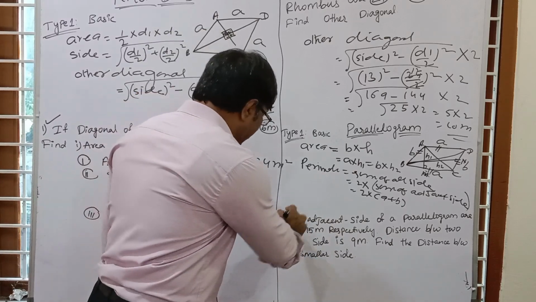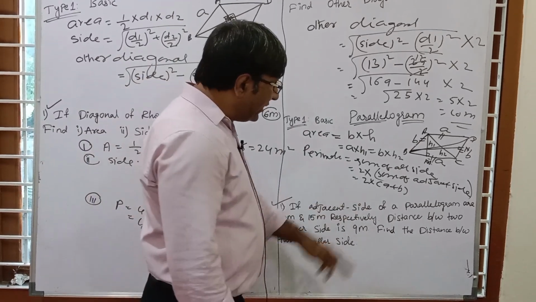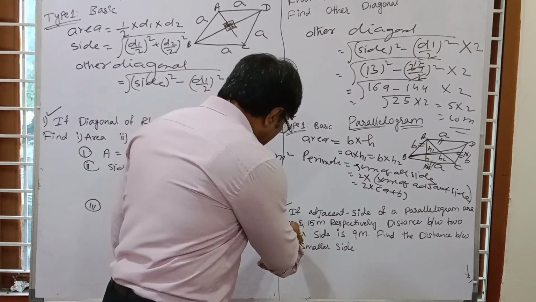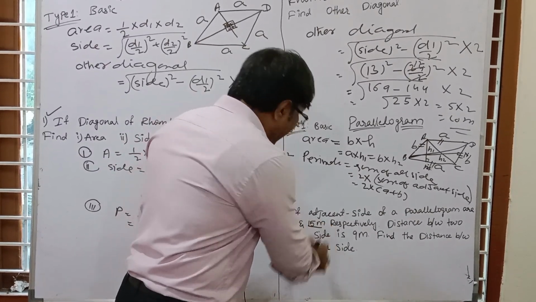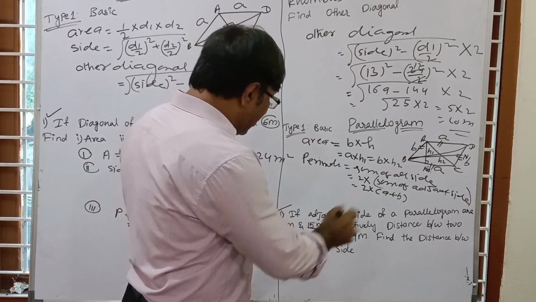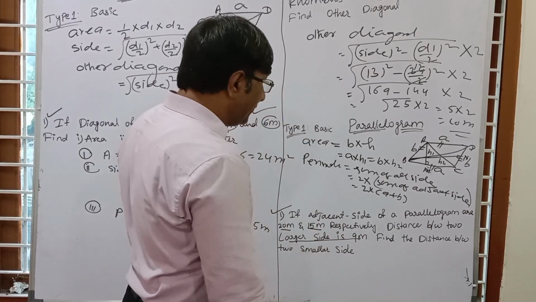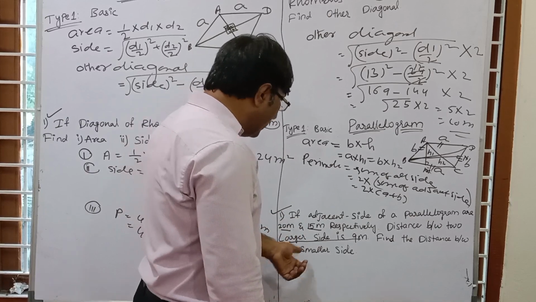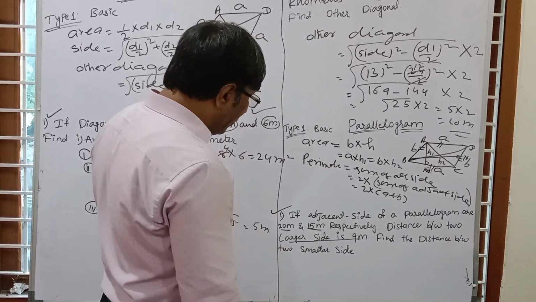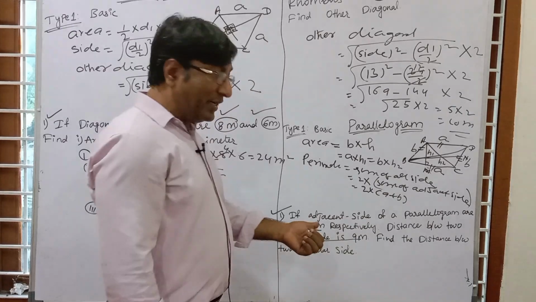See the first question. If adjacent sides of a parallelogram are given as 20 meter and 15 meter respectively, and the distance between the two larger sides is given as 9 meter, then find the distance between the two smaller sides. In this type of question, two adjacent sides are given.